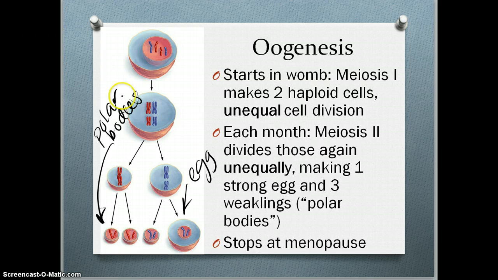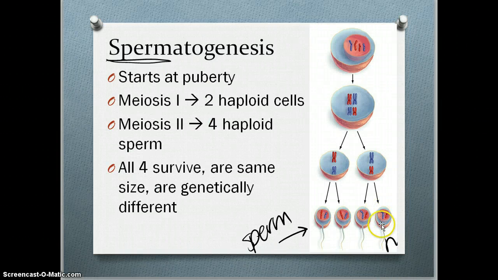They're all haploid, but the reason there's unequal cell division is because this egg needs to have all kinds of things inside it in order to help a growing embryo. So the mother sets up this one egg with nutrients and proteins and all kinds of things that a growing embryo would need. Basically, the sperm is just carrying chromosomes.